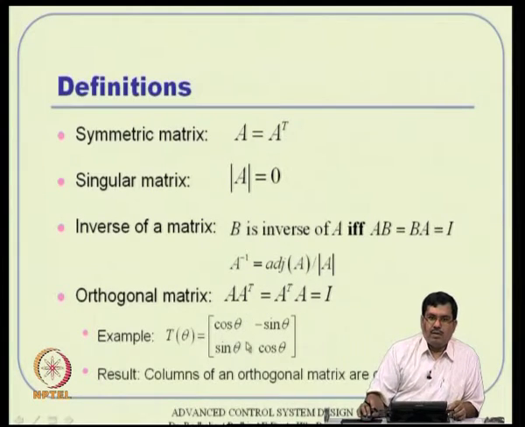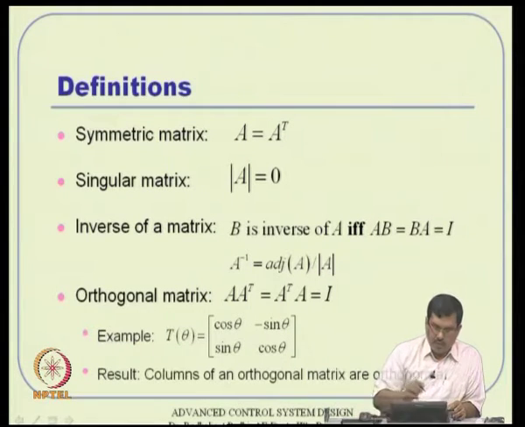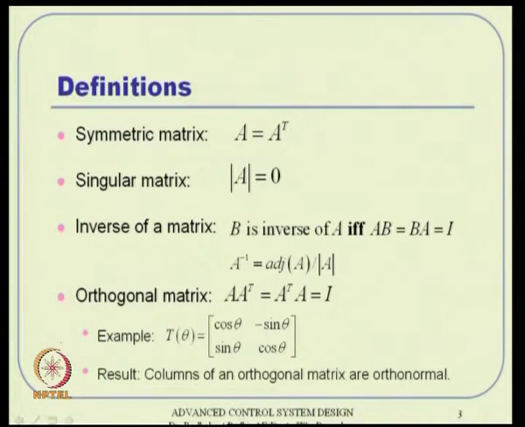What is an example of that? If you have a matrix with cos theta and minus sin theta like this, you can clearly see that if I take the transpose of it, let us see, T transpose is something like cos theta here and then sin theta, minus sin theta here, that is, rows going to columns and columns going to rows.